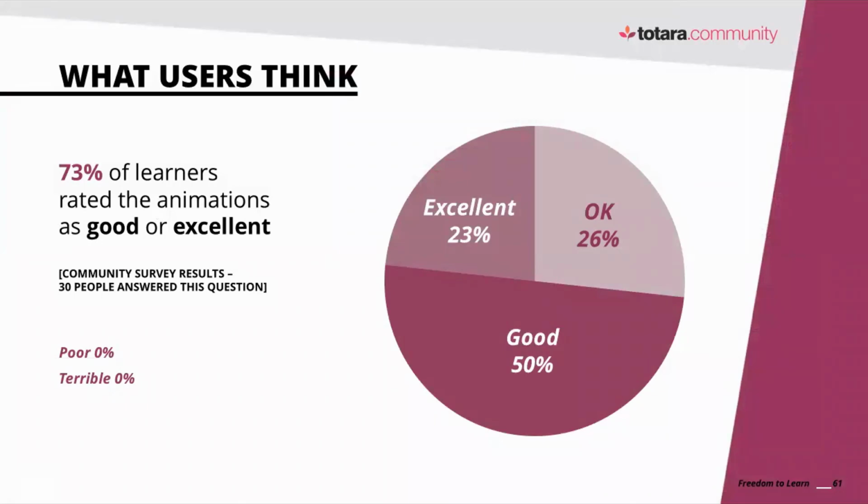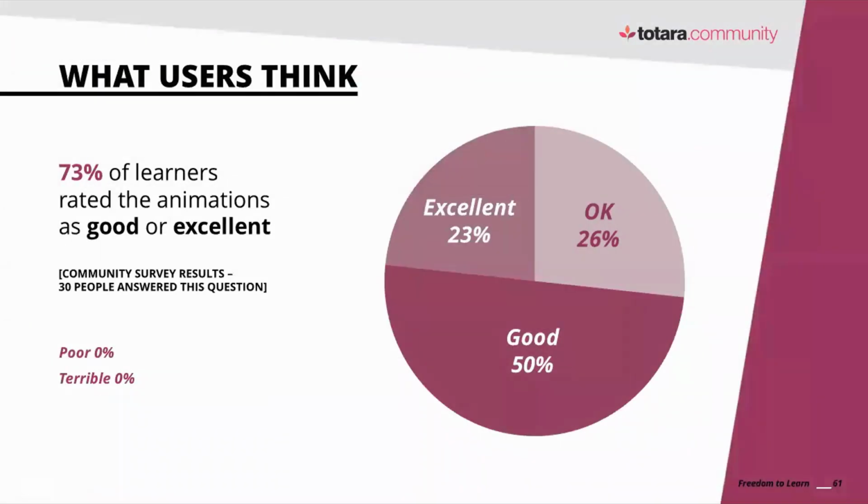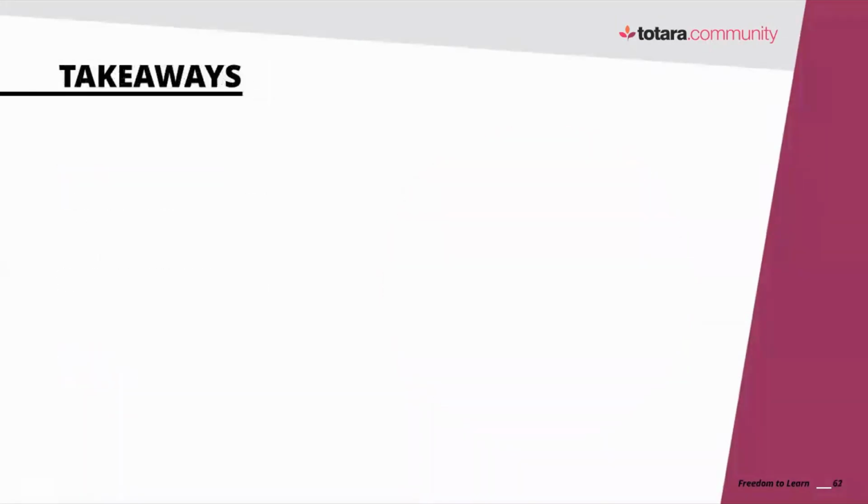So to recap on the kinds of things that we've covered today in the webinar, we've covered what animation is suitable for. We've considered some aspects of scripting, ways that you want to approach that. We've spent quite a significant amount of time on storyboarding, because that really is key to pairing up visuals with your voiceover, working out exactly what's going to happen in your animation.